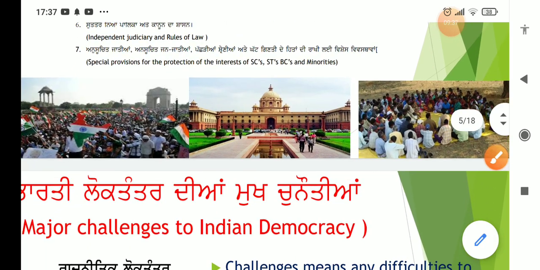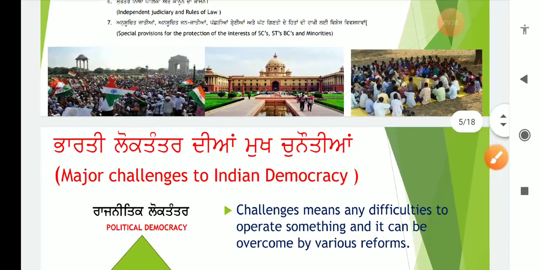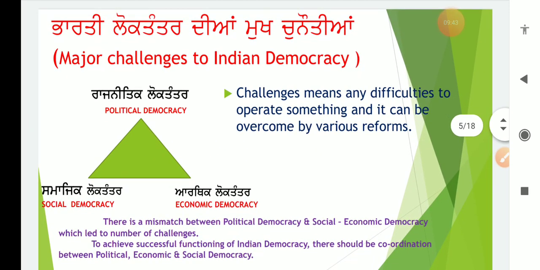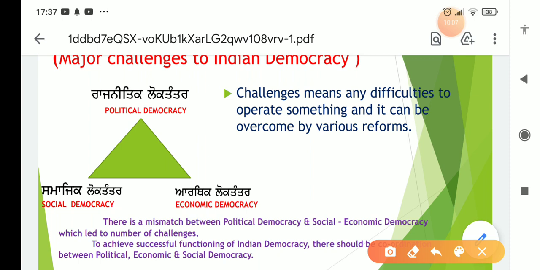Let us move further and see what the major challenges to Indian democracy are. Any society has 3 systems, that is the political system, the social system, and the economic system, and there are many subsystems attached to these systems. So if we see the problems and challenges of any system, we will have to see them mainly in these things.